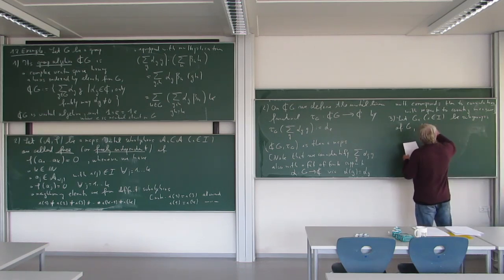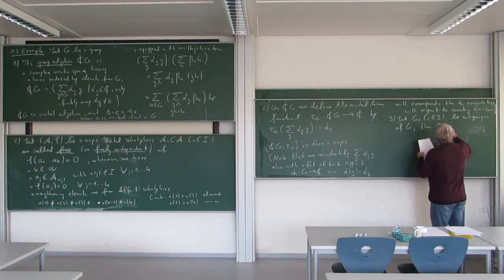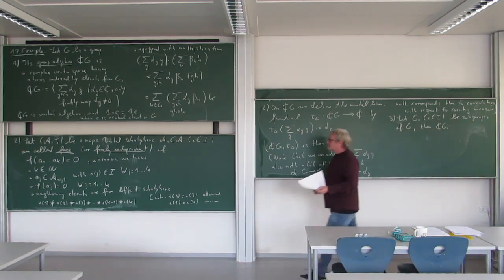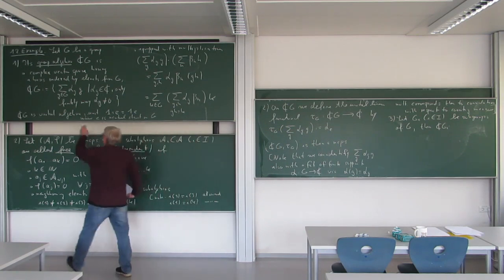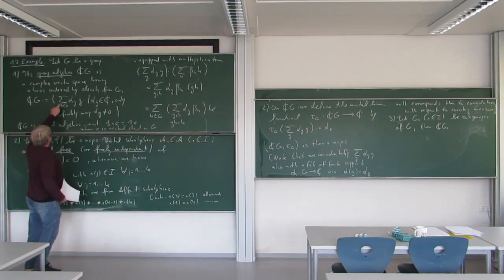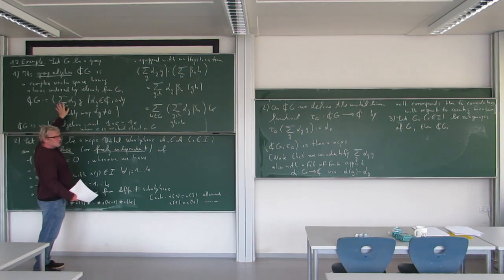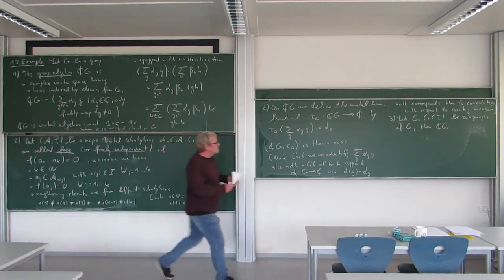Those are now elements from the big algebra, but here in this sum I'm only running over the G_i, or you can say I just have the situation that alpha of g has to be 0 if g is not in this subgroup G_i.